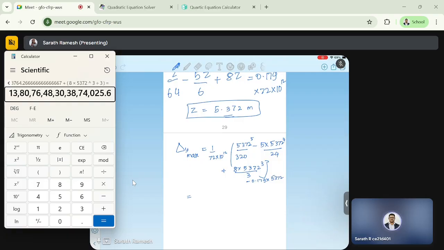Yes. This divided by 72 into 10 power 12. Okay, it became 191.773 minus 0.179 times 5372, 961.59.